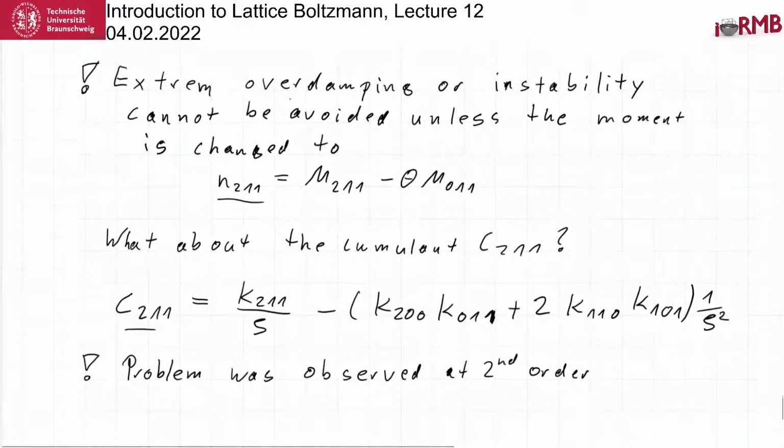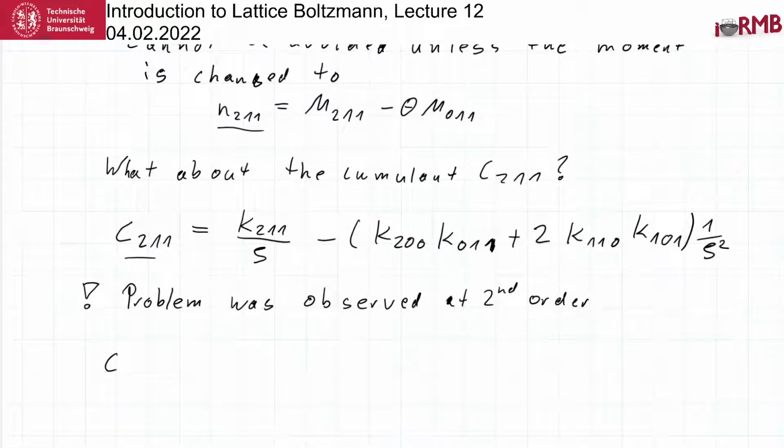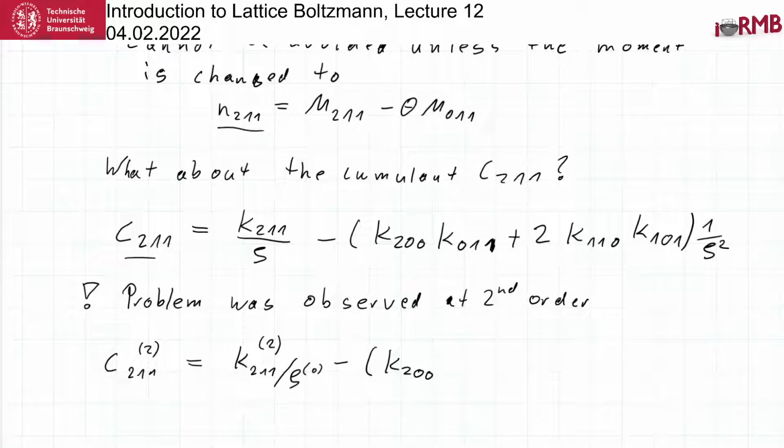So let us look at this cumulant to the second order only. Then we have K211 to the second order divided by rho to the zero order, minus K200.